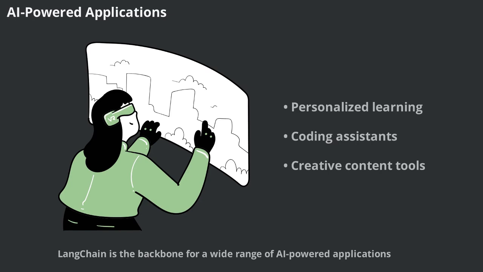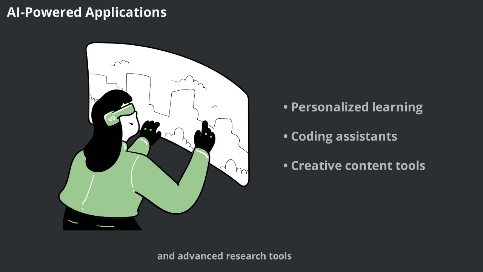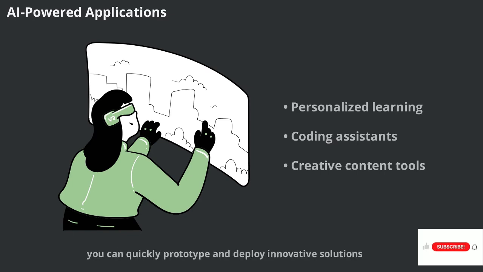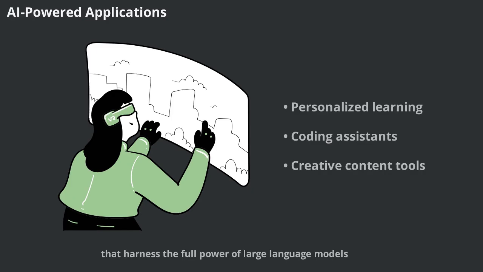LangChain is the backbone for a wide range of AI-powered applications. These include personalized learning platforms, intelligent coding assistants, creative content generators, and advanced research tools. By leveraging LangChain's modular components, you can quickly prototype and deploy innovative solutions that harness the full power of large language models.